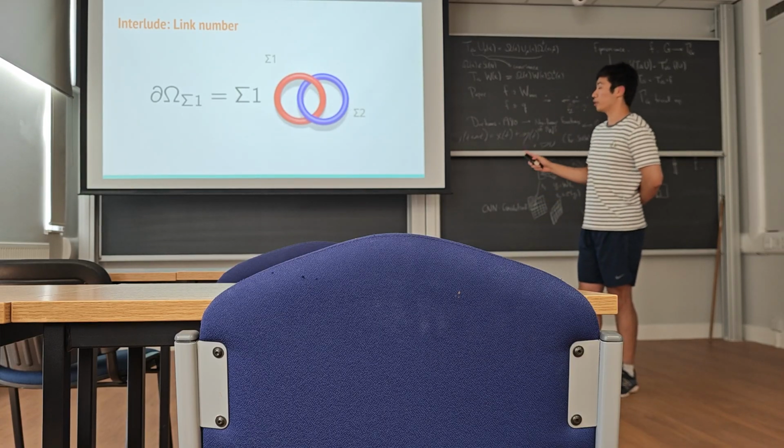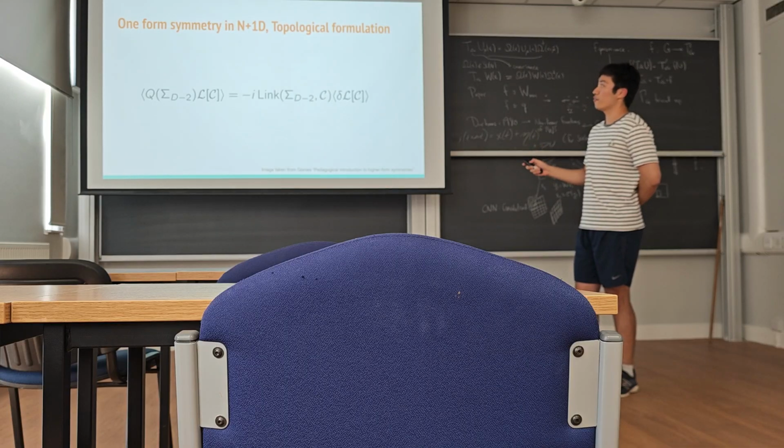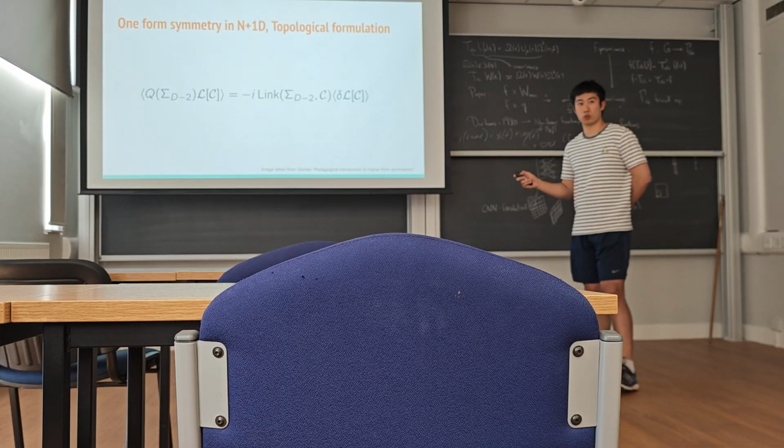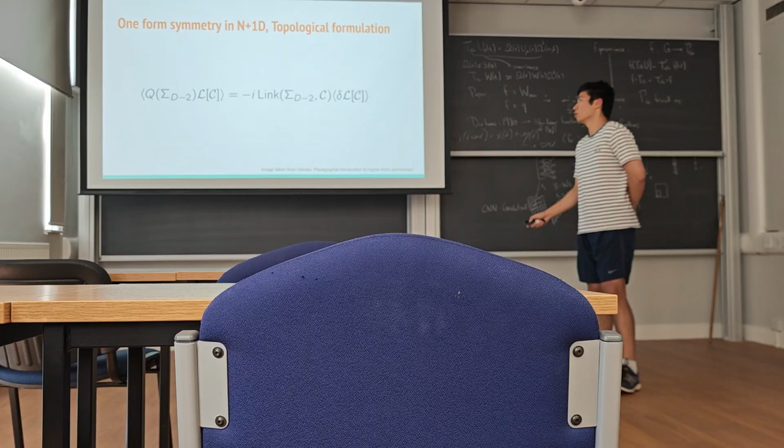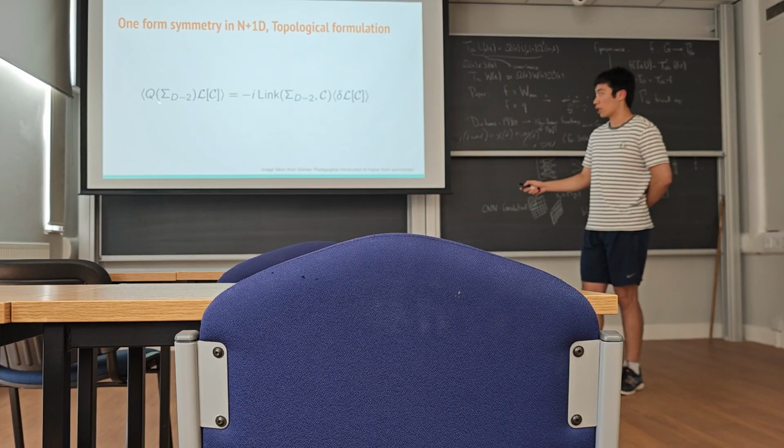Okay. Now we are ready to go back and talk about higher form symmetries in m+1 dimensions. Again, on the left hand side, we have the charge operator defined on a d minus 2 dimensional manifold.